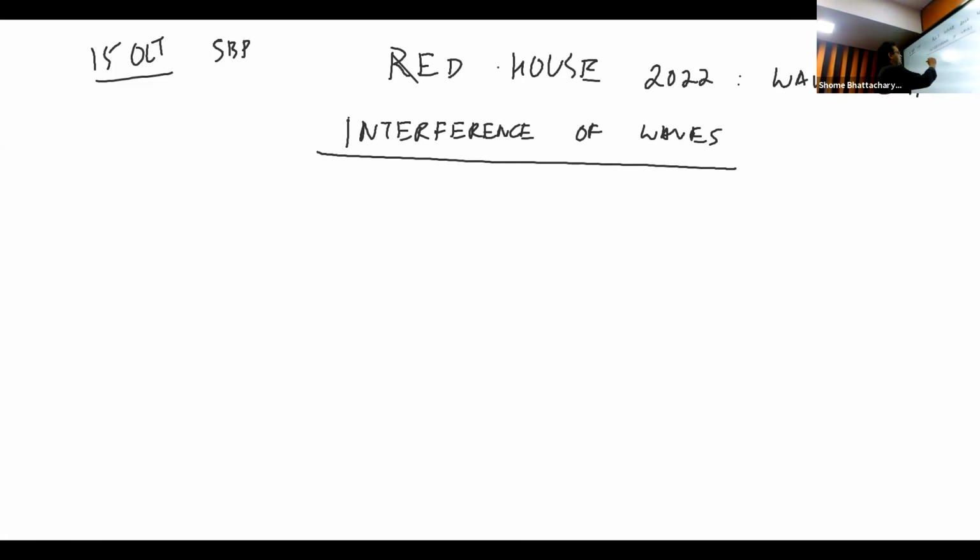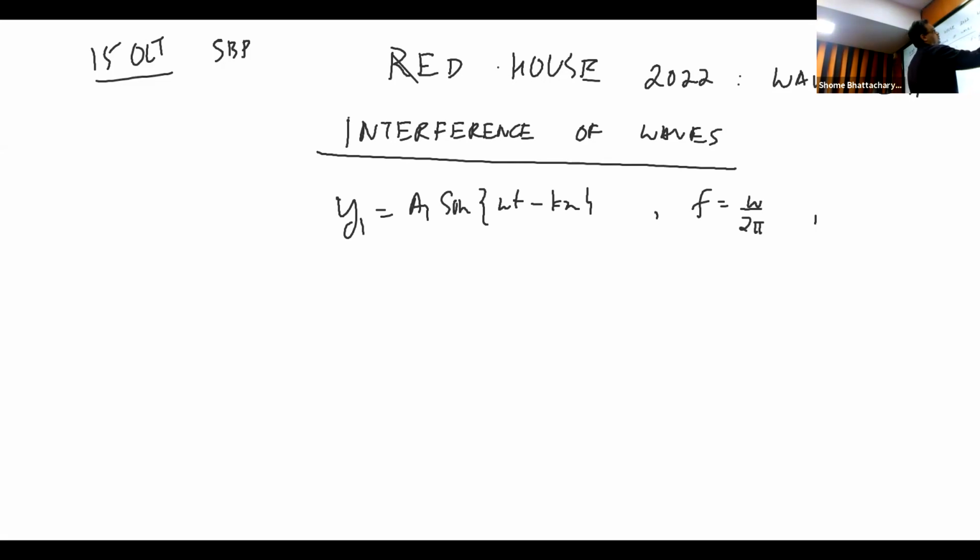Okay. So if we have one wave given by this, let's say, and another wave, so it has a frequency equal to omega by 2 pi, and of course k equal to 2 pi by lambda, where v is equal to f lambda, and that v is dependent on the string's properties as per this formula as we have seen before.